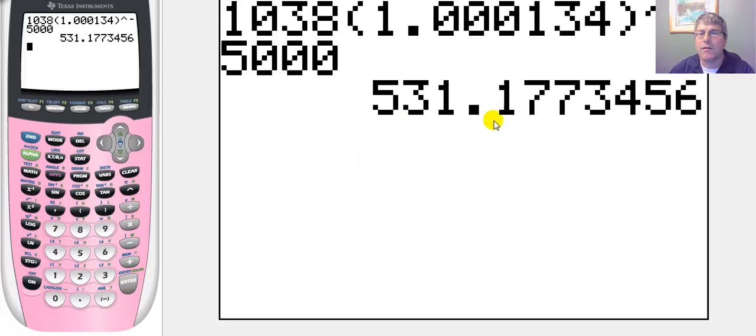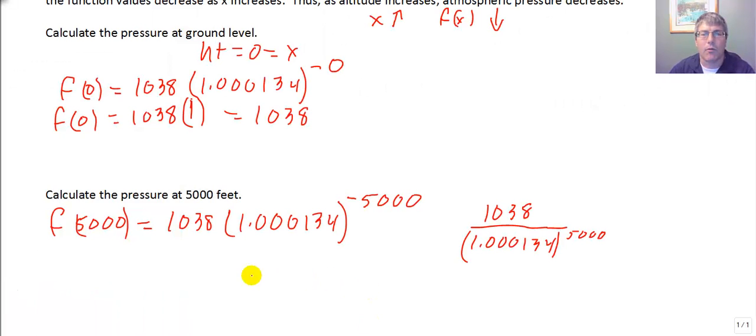And I get 531. So our final answer here, f of 5,000 equals about 531 millibars.